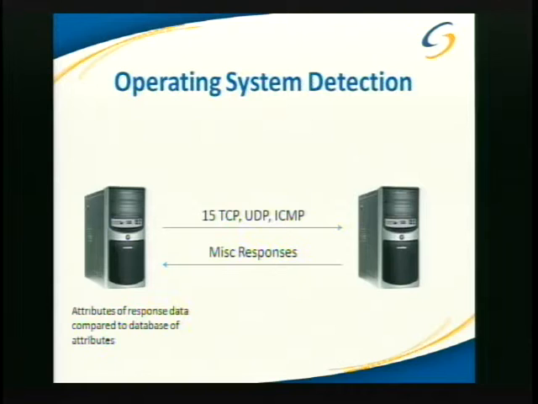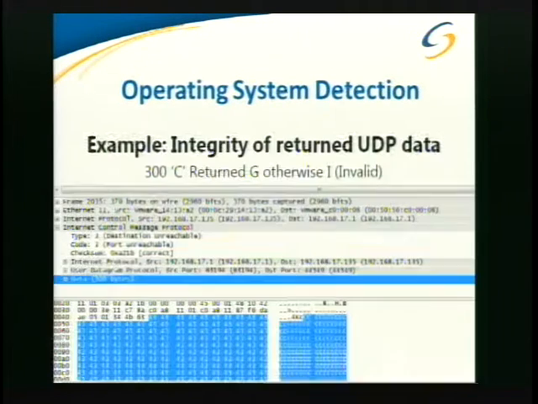Right here you have this machine that has Nmap running on it. It sends all of these packets. It gets miscellaneous responses to all of these packets it sends, and then it compares all of these responses and all of the attributes in the packets and datagrams to its database and finds out what operating system is running on this machine over here.